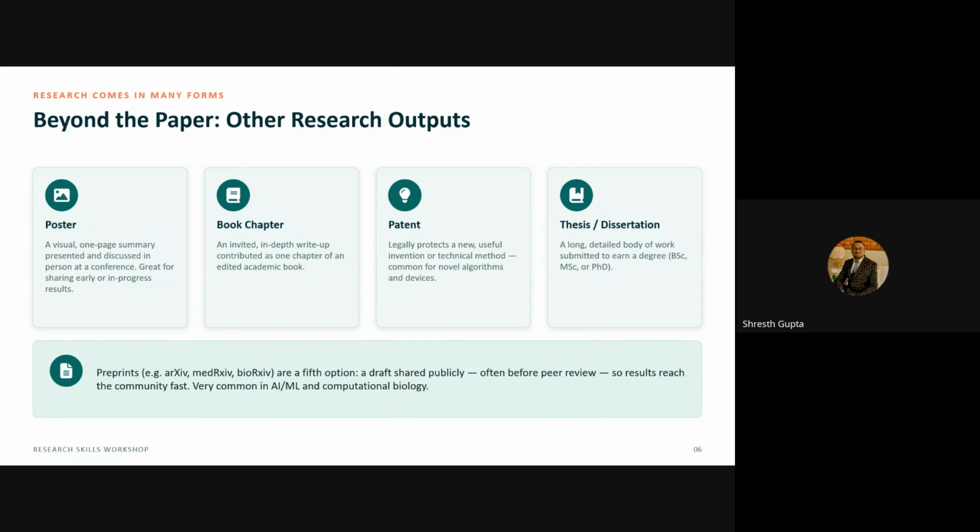Book chapter is another kind of research contribution you can give. For example, let's say our program assistant Vishal and I together want to publish a book based on AI for healthcare. Then we both would be called editors of that book. Let's say we have 15 chapters in our book.